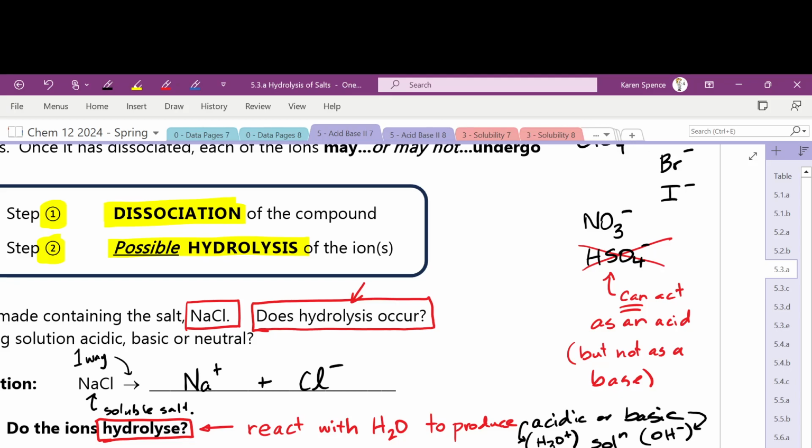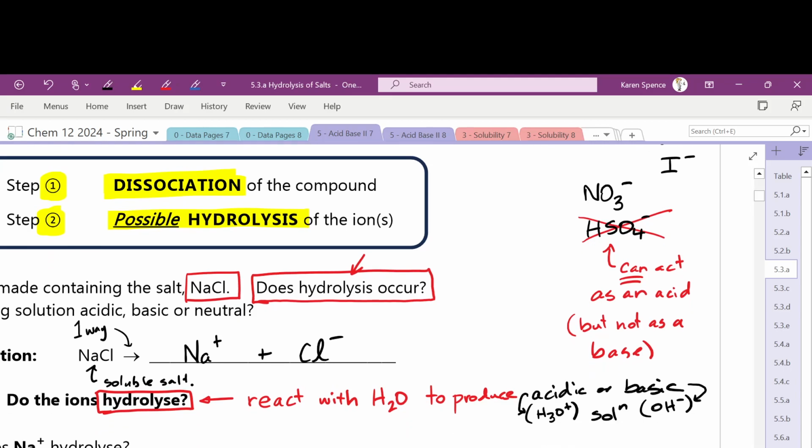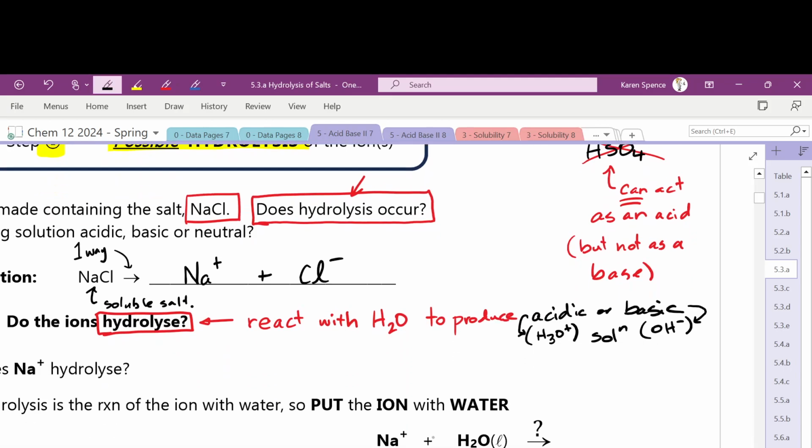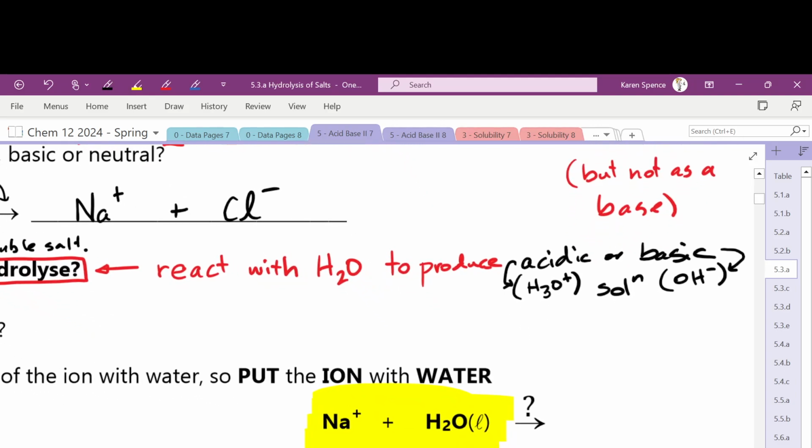So you just take each of your ions individually and you say, does it react with water? So what you do is you say, I'm going to put Na plus with water. Okay, so I'm taking my Na plus and I'm trying to react it with water. And I'm saying, what happens here?